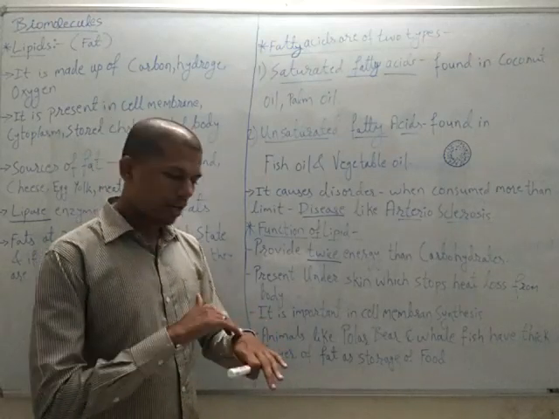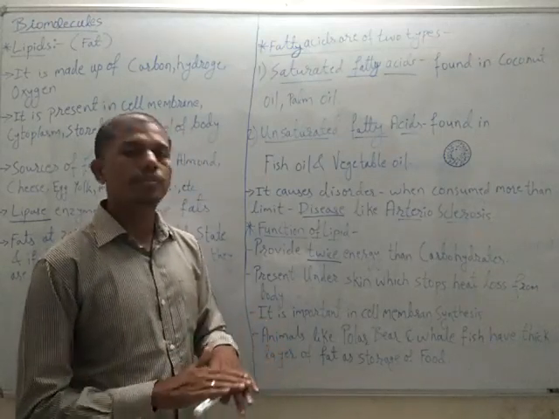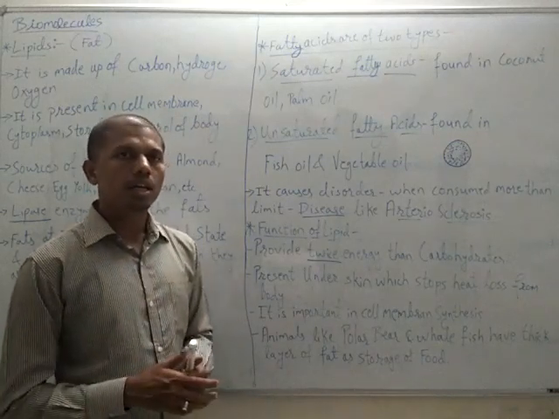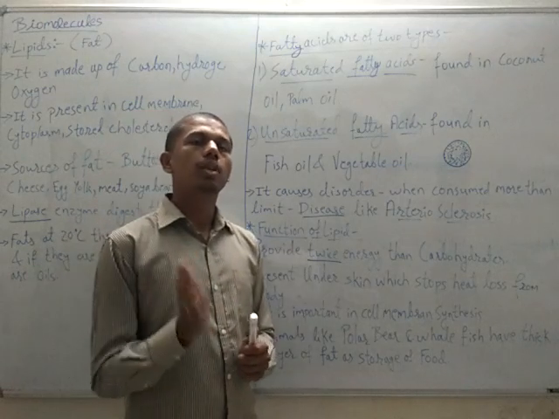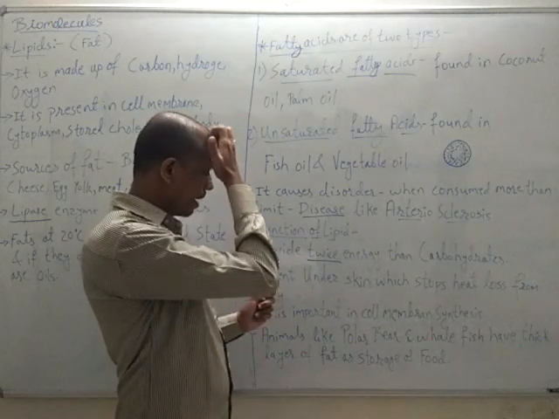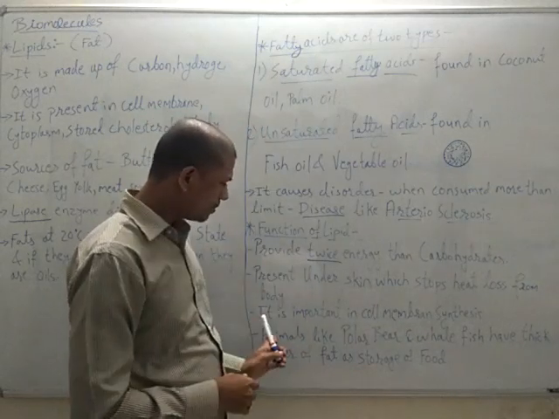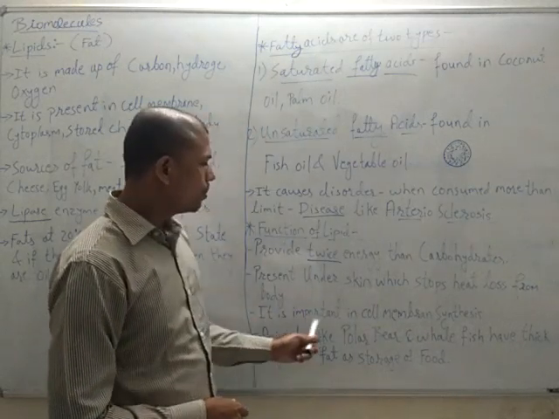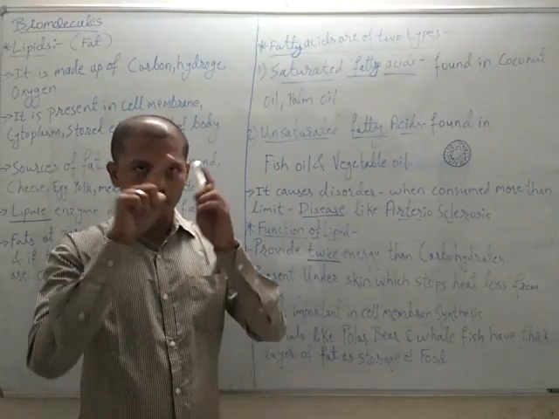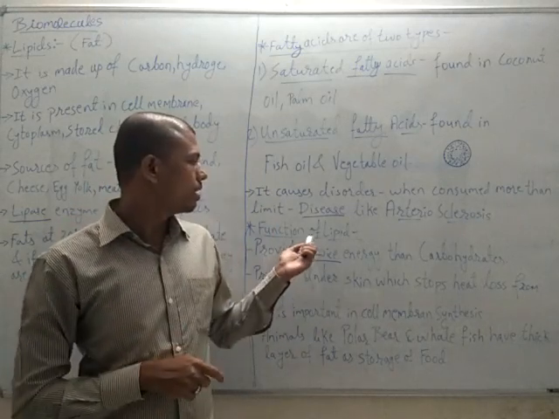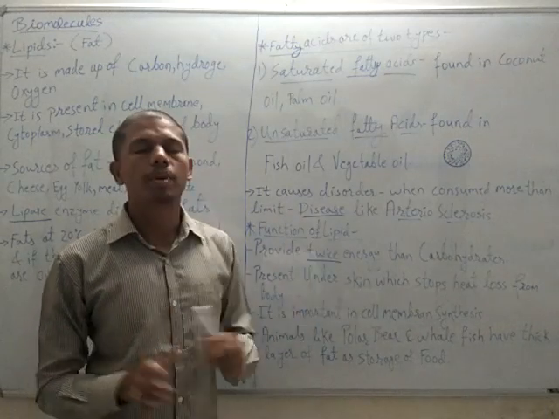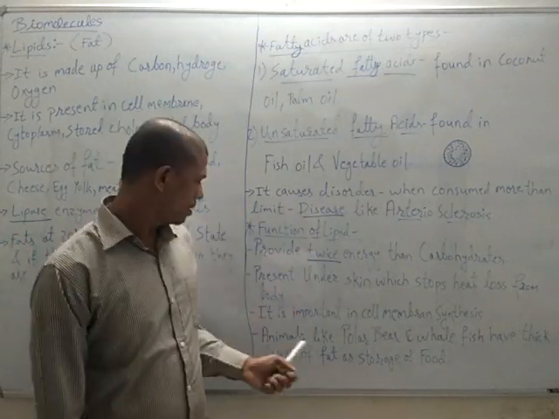Inside the layer of skin, there is a deposited fat layer, which stops heat loss from the body, especially in animals who live in cold temperatures. And next, it is important in cell membrane synthesis. For the synthesis of the cell membrane, there is a need of lipid. Without lipid, the cell membrane cannot be synthesized.